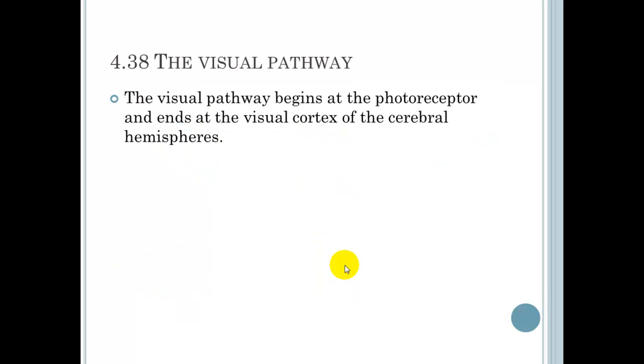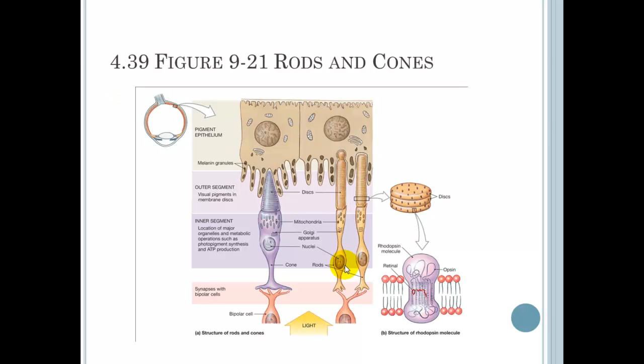The visual pathways. The visual pathways begin at the photoreceptor and end at the visual cortex of the cerebral hemispheres. This is all the way in the back of your brain. In a couple of slides we'll see where it's actually assessed in the brain tissue itself. From the back area, this is light coming in, and bipolar cells receive the information.